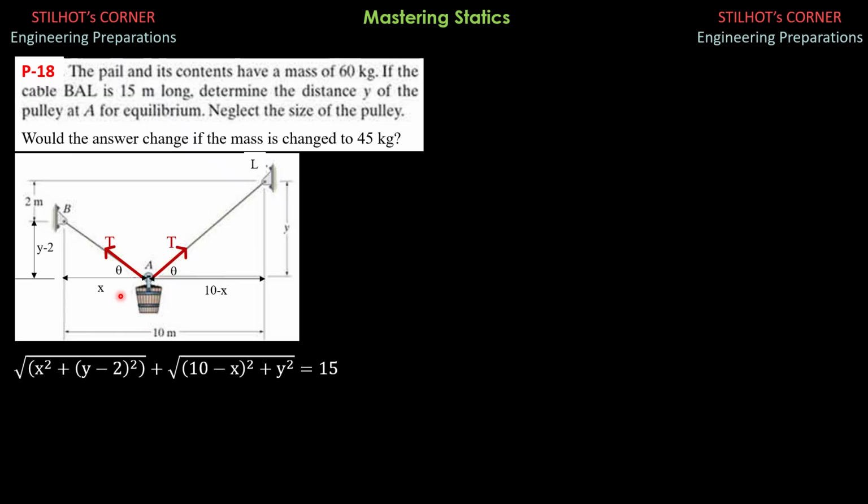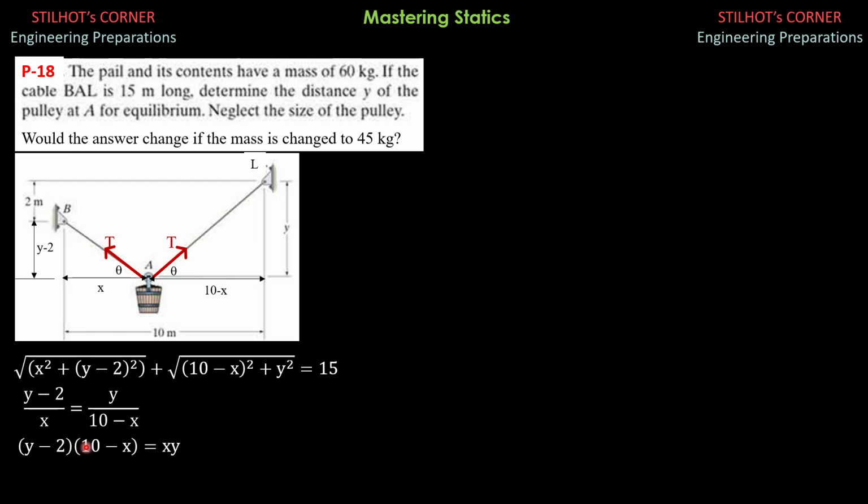So to relate x, or to express x in terms of y, let's have these two similar triangles. So by tangent, y minus 2 over x equals y over 10 minus x. Cross multiply: y minus 2 times 10 minus x equals xy.